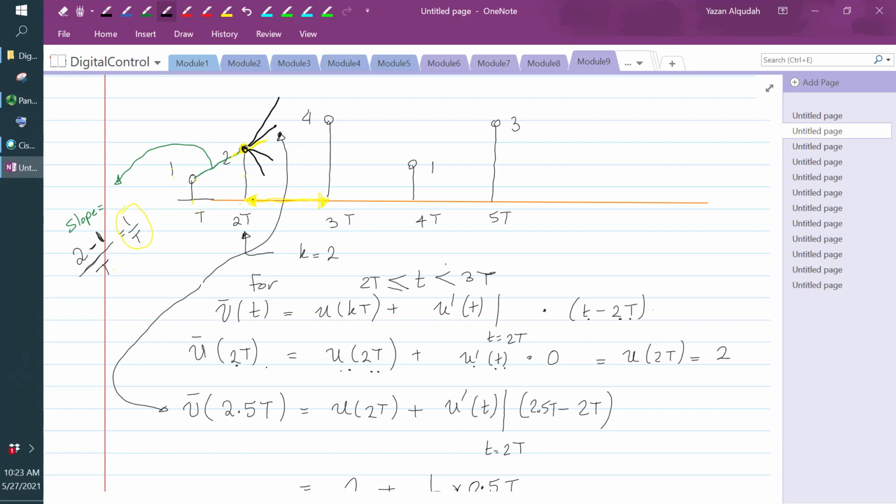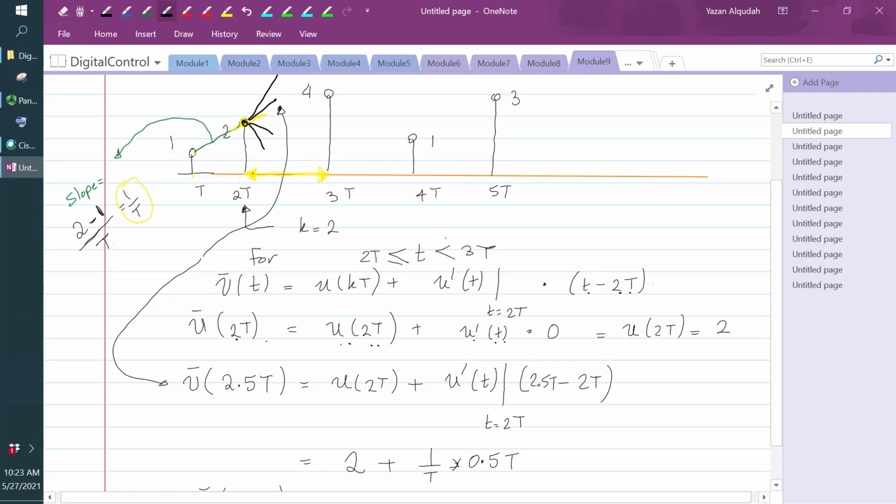Okay, so what happens after, when t is greater than 2T and less than 3T? Let's take a point here, this point, which is 2.5 multiplied by T. Let me estimate what the signal is going to equal when t is equal to 2.5T.